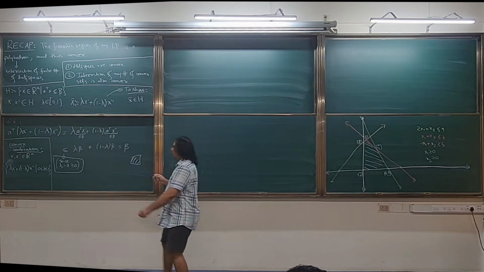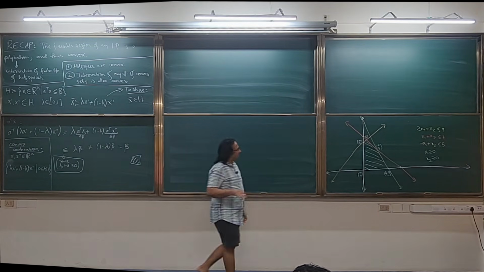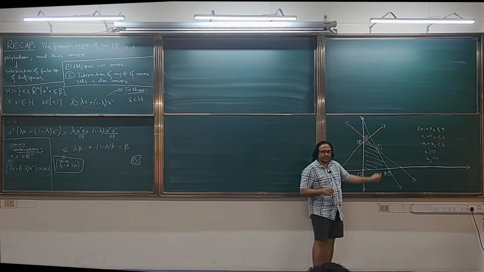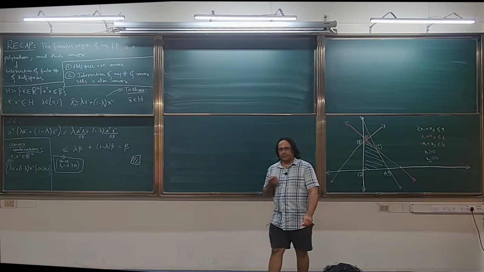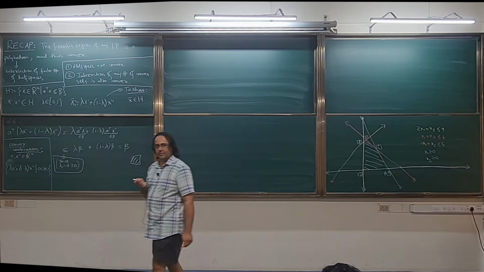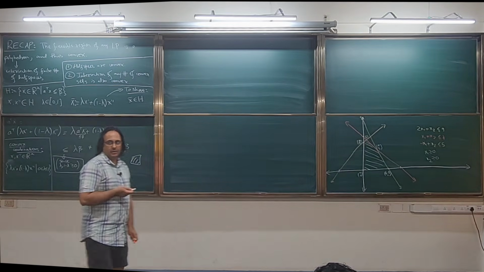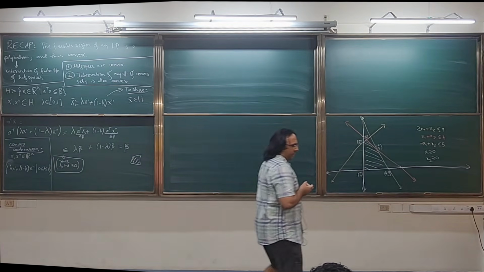Okay. So now, can you think about convex combinations and the points you see here in our feasible region? Is there something special about the corners? Something that's not true for any other point in the feasible region. What is so special about the corners?